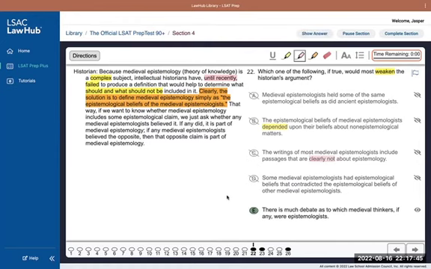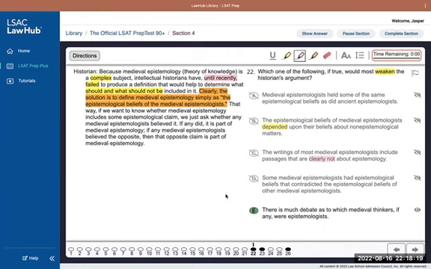So E has to be the correct answer. So what does it say? There is much debate. So if there's much debate about something, that means it's not a settled issue. It's not clear who's right and who's wrong, right? There's still more than one opinion to be had on it. So it hasn't been clearly defined. So there's much debate as to which medieval thinkers, if any, were epistemologists.